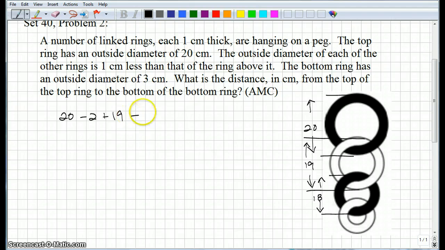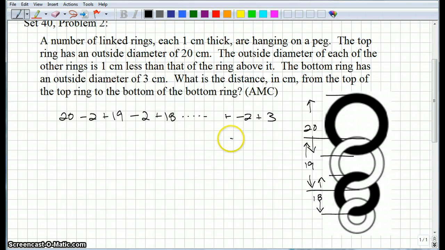And then we would subtract 2 and add 18. That would take us to the bottom of the 3rd ring. So if we want to go all the way down to the 3 centimeter ring, this would continue until when we add that last ring, we'd have to go up 2 and then add on the 3 centimeter ring.